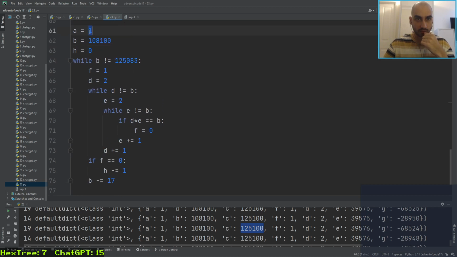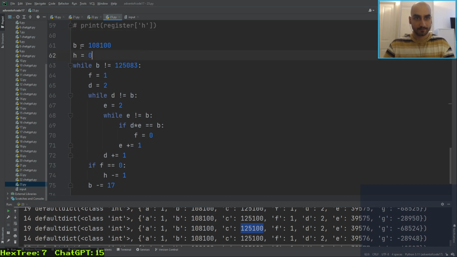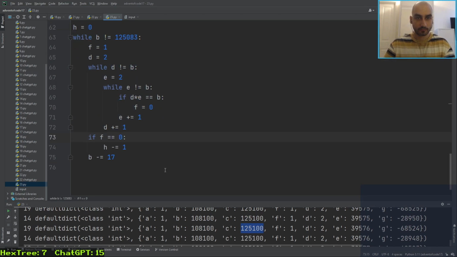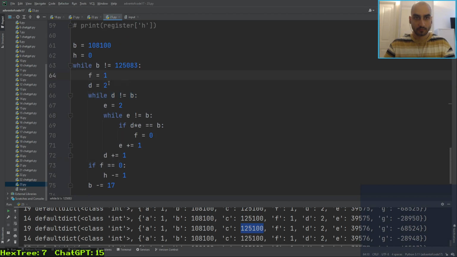A is 1. A doesn't actually matter in this whole thing. So that is the program. F is 1. So it's counting how many values of B have... God, that's still confusing, but it's better now.